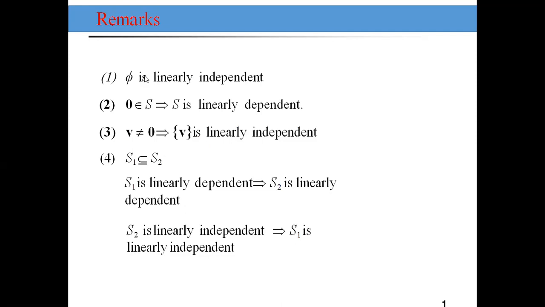Let us write these concisely. The empty set is a linearly independent set. If 0 belongs to S, that means at least one zero vector belongs to the set of vectors, then S is linearly dependent. If v is not equal to 0, it implies {v} is linearly independent.